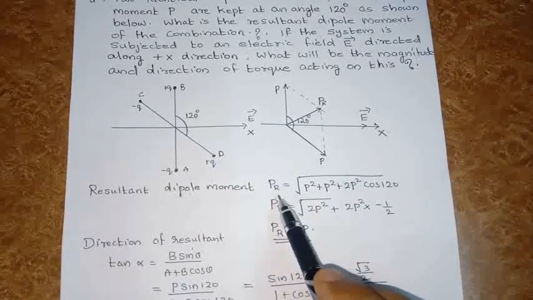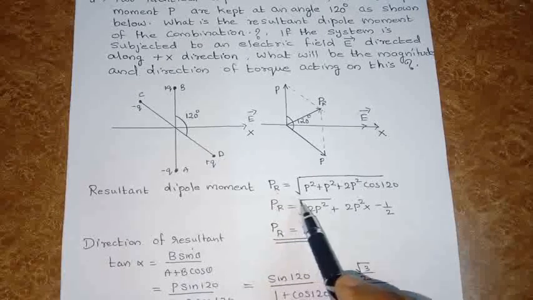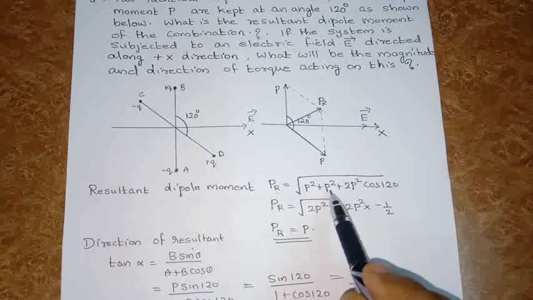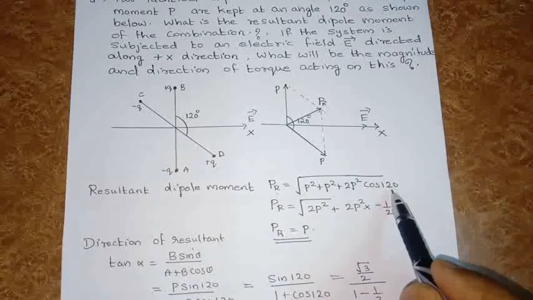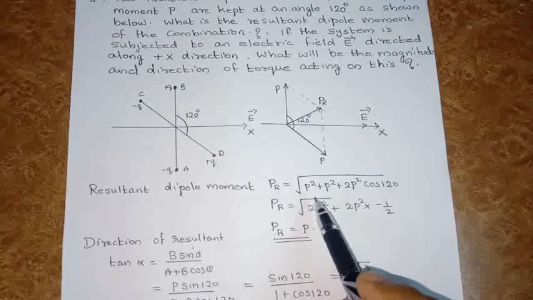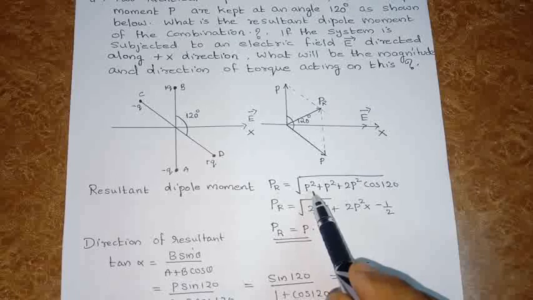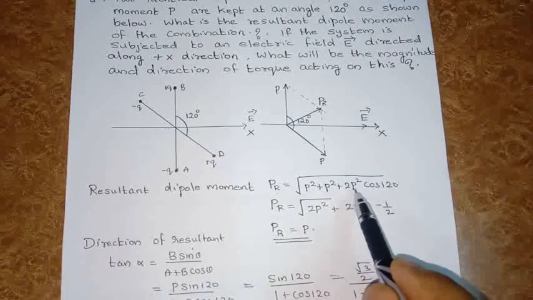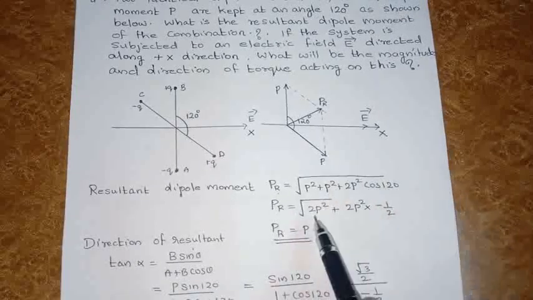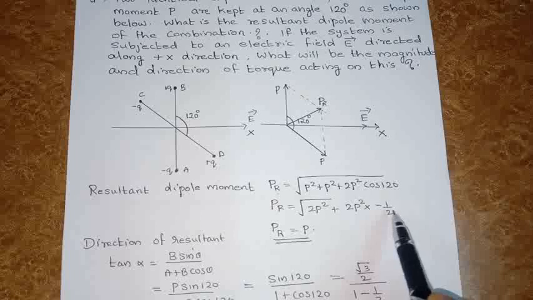According to the parallelogram law of vector addition, the resultant dipole moment vector P_R is equal to root of P square plus 2 P into P cos of 120. Because these dipoles are identical, their dipole moments are also the same in magnitude. So P square plus 2 P square cos 120, that is 2 P square plus 2 P square into minus 1 by 2.